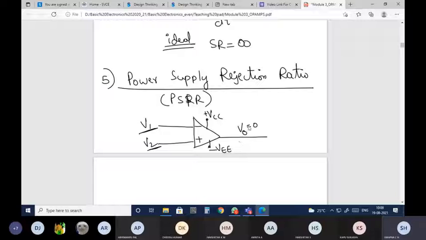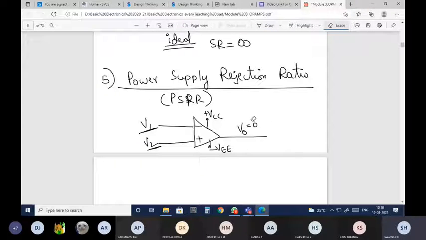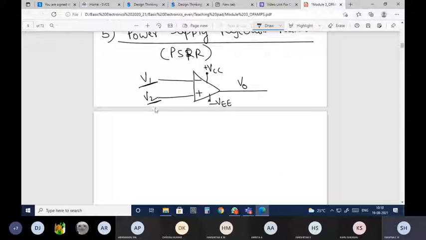But practically it will not be so, and what we'll do is change the offset voltage so that the output will be made equal to 0. See, additionally along with V1, V2, you also have additional inputs VCC and VEE. So this power supply rejection ratio will give us how much change is happening in VIOS, VIOS in the sense input offset voltage.